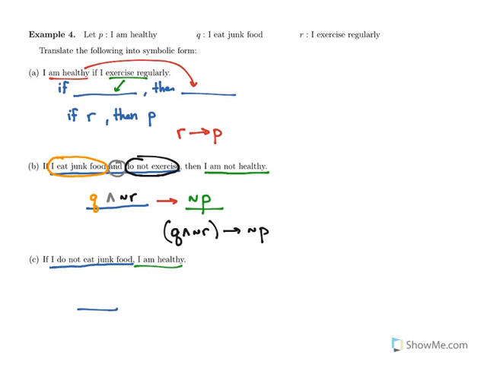I am healthy is just P in general. And I do not eat junk food is not Q, the opposite of I do eat junk food. So this is not Q implies P.